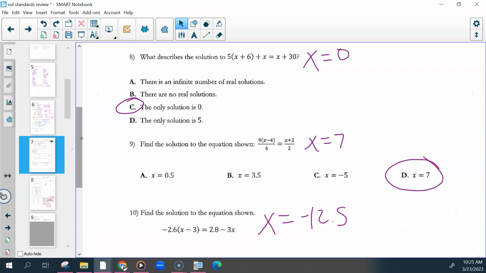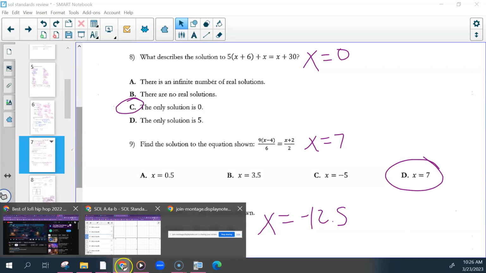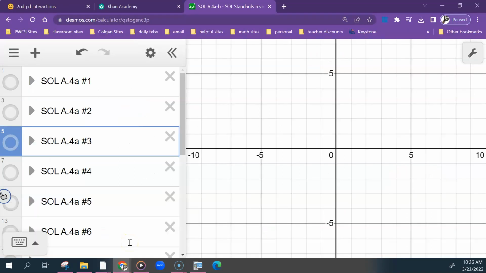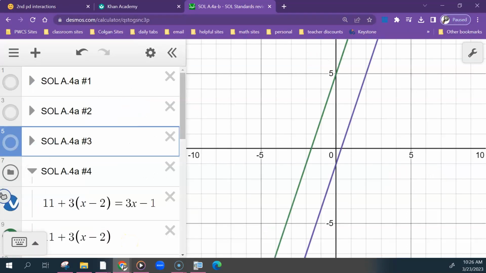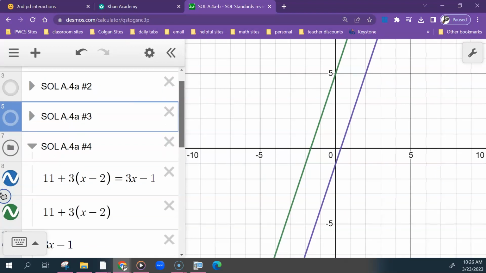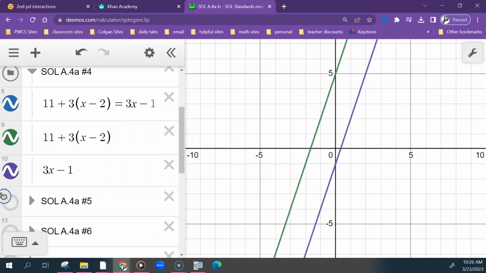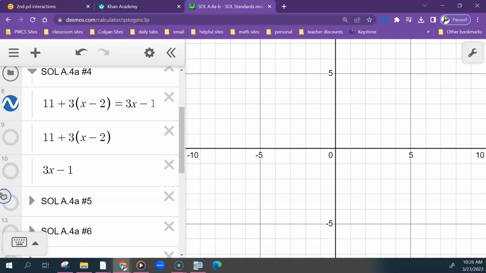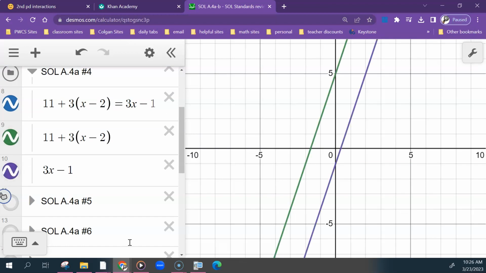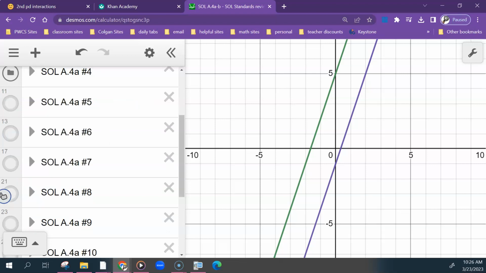I'll quickly show those in Desmos. So 4, if you just put in the original, nothing would show, so you would have to put in each side individually, and you would see that you have 2 lines that don't cross, that are parallel, so no solution.